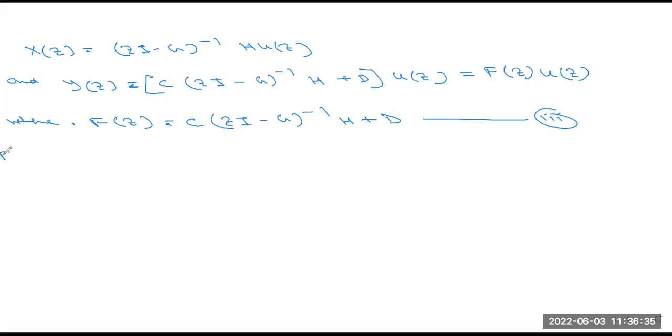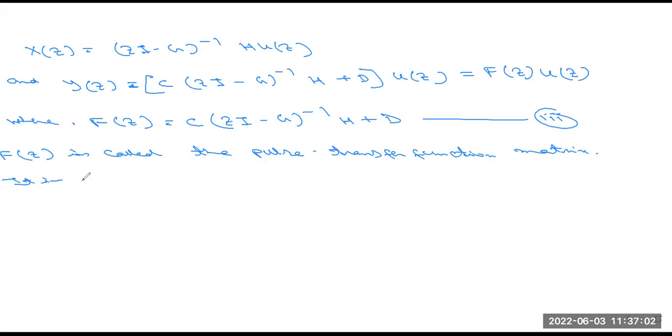So here this F(z) is called the pulse transfer function matrix, okay, and it is an m into r matrix.